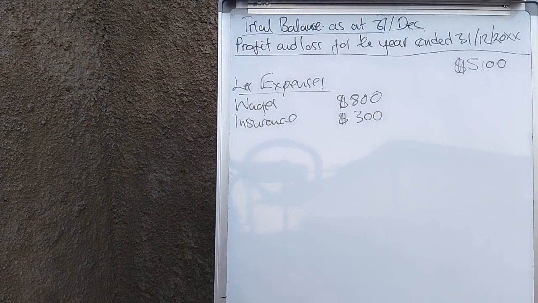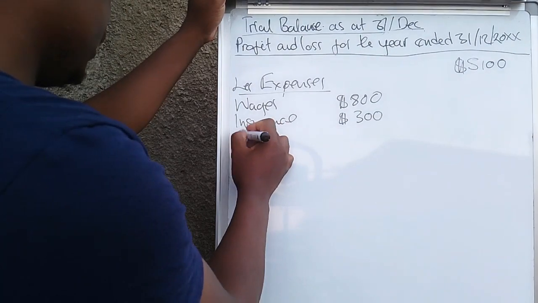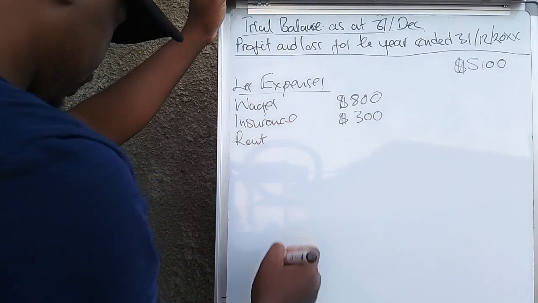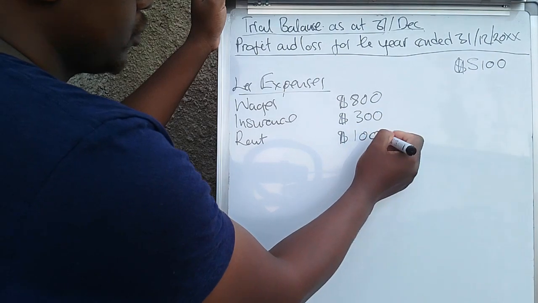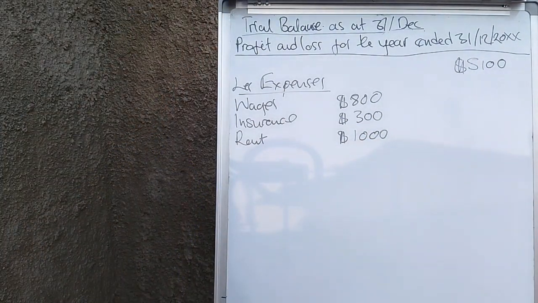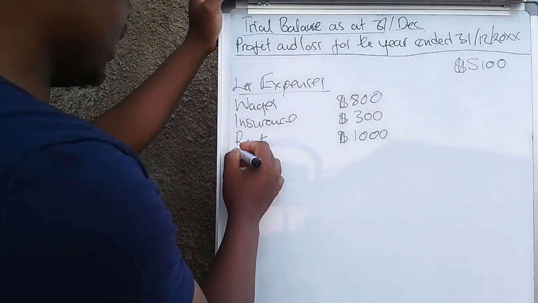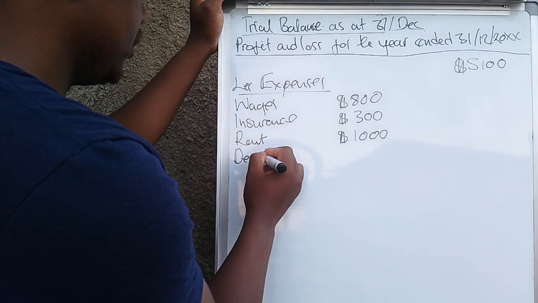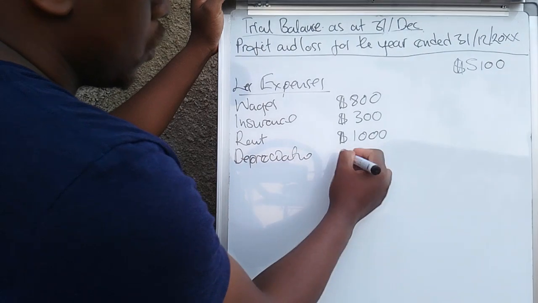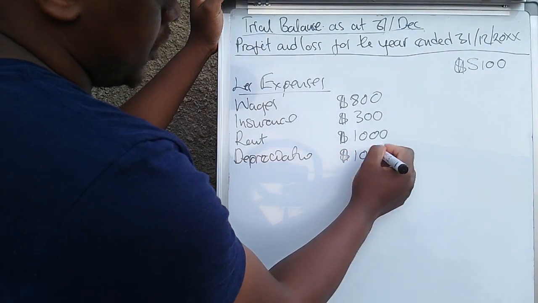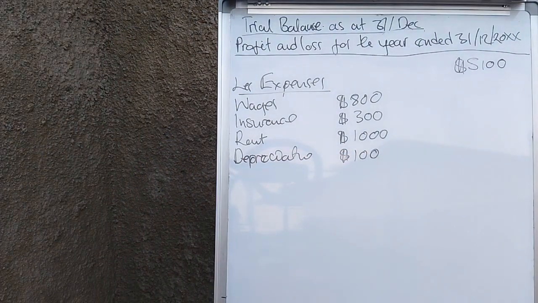We also have rent at 1,000. We also have depreciation which is $100. Okay, these are all the expenses that we have.